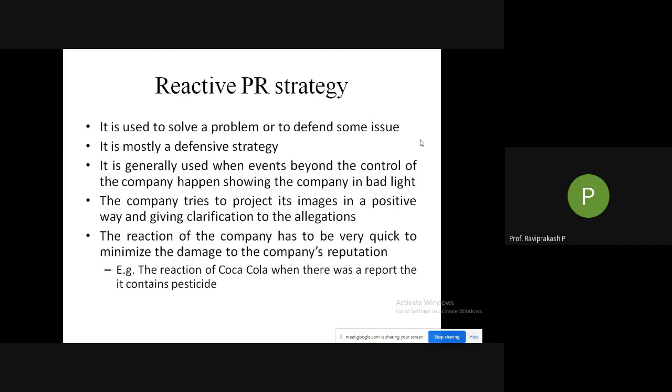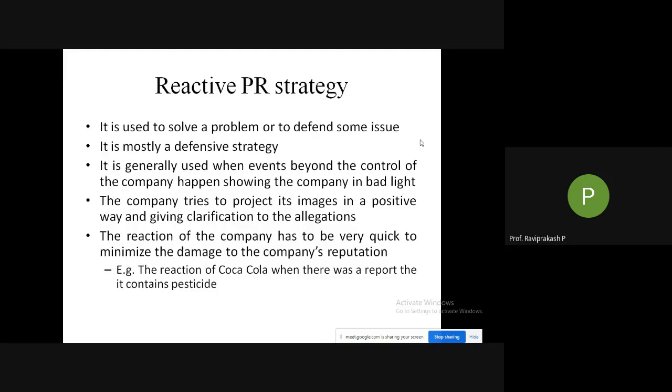You might have come across so many issues which come across so many companies. Like the classic, the biggest one, which everybody knew about, the Maggi one. Content of lead was more than the prescribed level, more than the level which it should not cross.